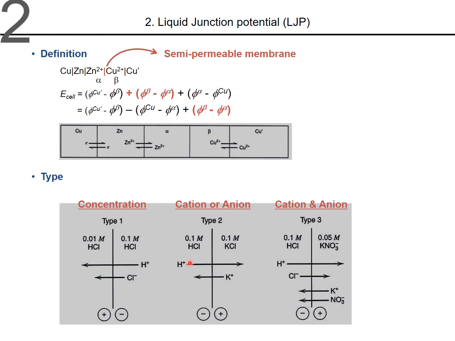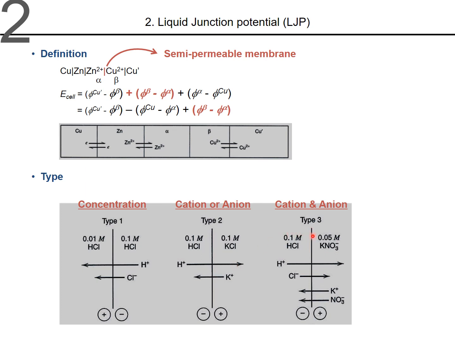However, from the viewpoint of K+, the movement direction is from the right side to the left side. However, the mobility of proton is higher than the mobility of potassium plus. So the right side compartment is positively charged, while the left side compartment is negatively charged. It means we have some potential developed between those two phases.